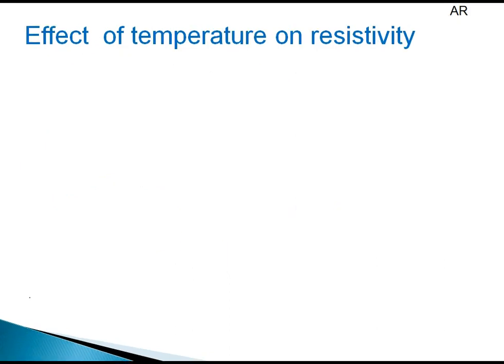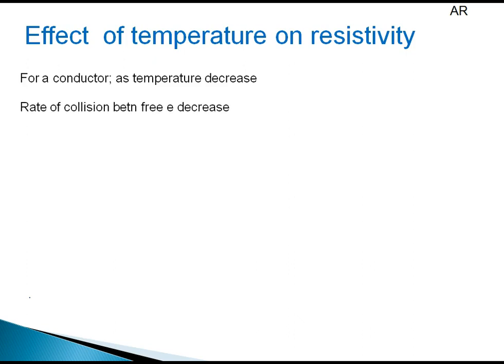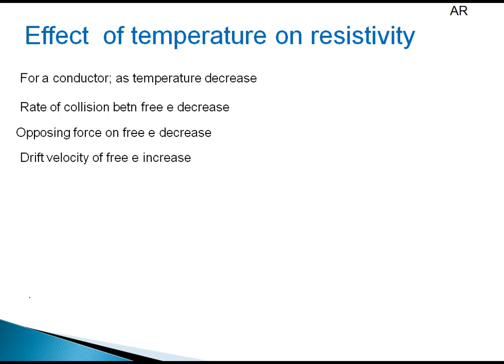So first you will say, for any conductor, as we decrease the temperature, what will happen? Yes, rate of collision between free electrons will decrease. When rate of collision decreases, then opposing force on the electrons will decrease. When opposing force on the electrons decreases, then what will happen? Drift velocity will increase. Why does drift velocity increase?